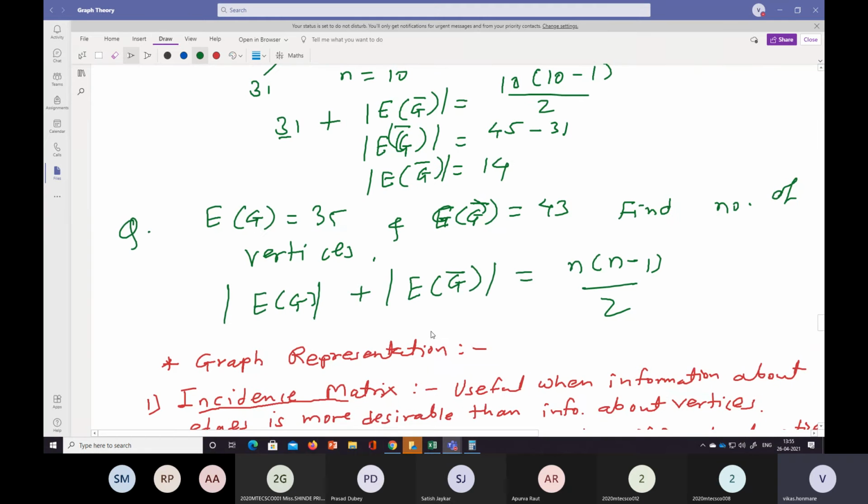Then E of G is equal to 35, E of G bar is equal to 43. Find the number of vertices. So by using this formula, E of G plus E of G bar is equal to n into n minus 1 by 2. So what is given over here? E of G is given.